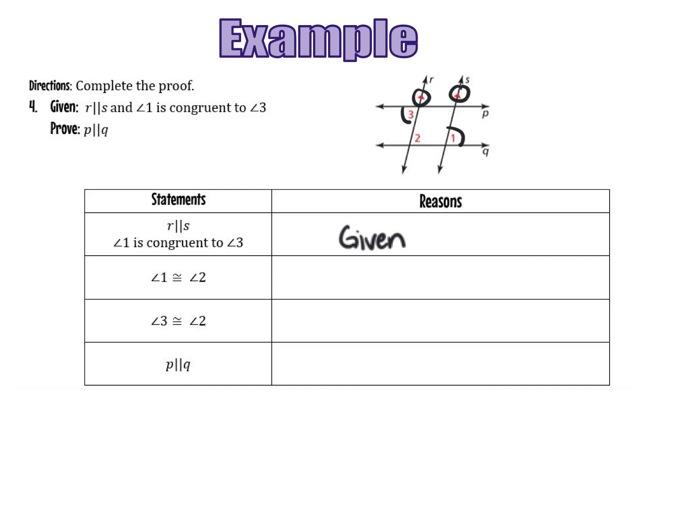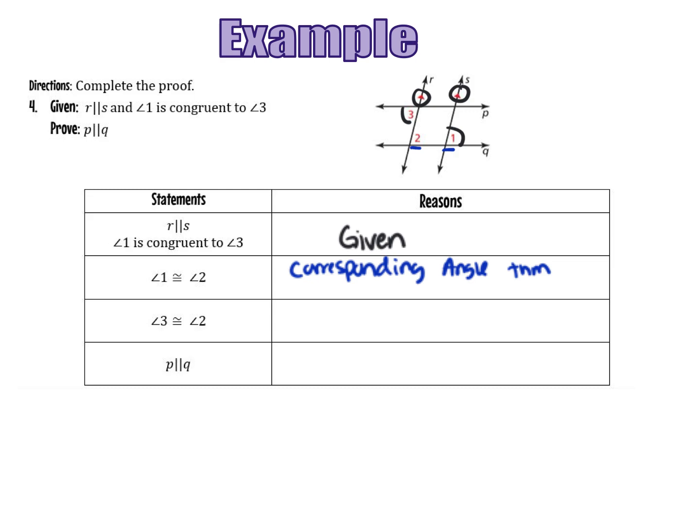We know that angles 1 and 2 are congruent because the lines are parallel and those are corresponding angles. So this is just the corresponding angles theorem. It's not the converse, because the angles are congruent because the lines are parallel. The converse would say the lines are parallel because the angles are congruent. So corresponding angles theorem.